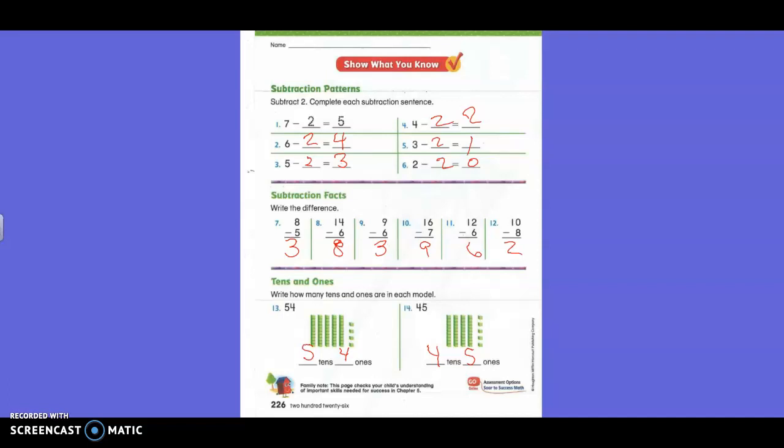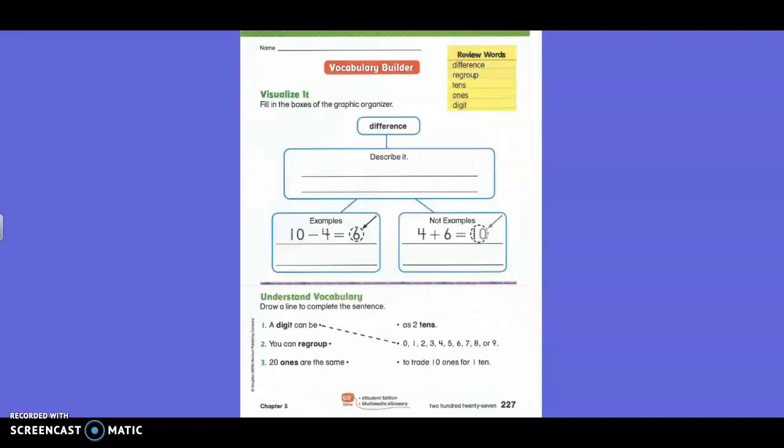All right. Next page. Fill in the boxes of the graphic organizer. Okay, they put difference in there. I'm going to come over here to my vocabulary. Can someone come over here with me and read what difference means?